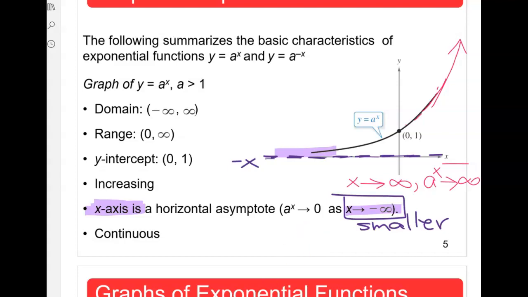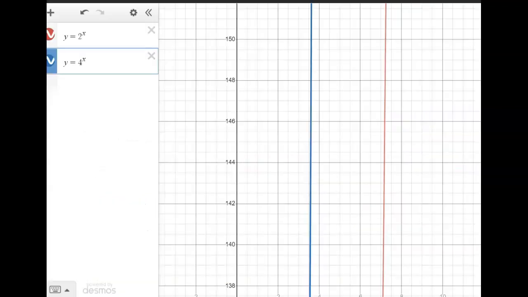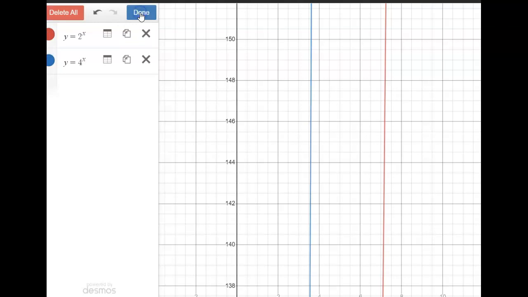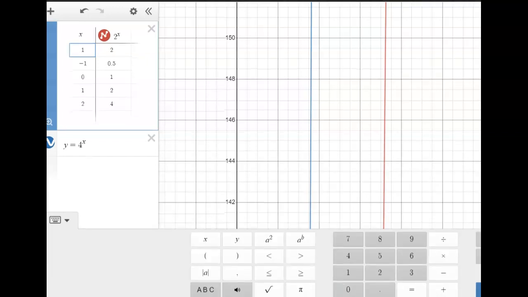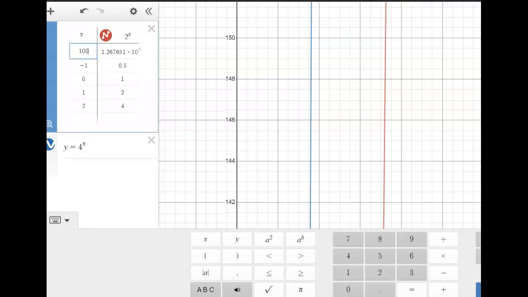If I show you, let's go back to Desmos, and I want to show you the table. Let's look at the table. And so if we look at, for example, x to the power, well, actually, I have a keyboard here, 2 to the power 100, maybe too big.